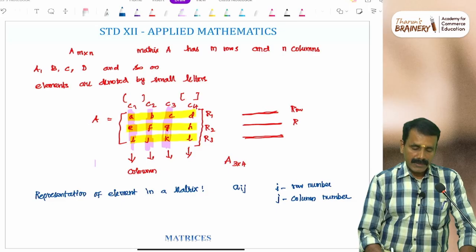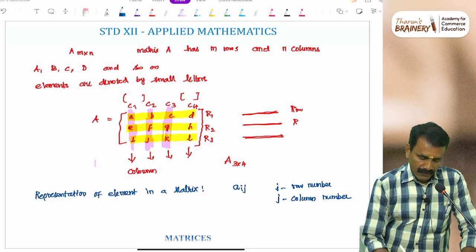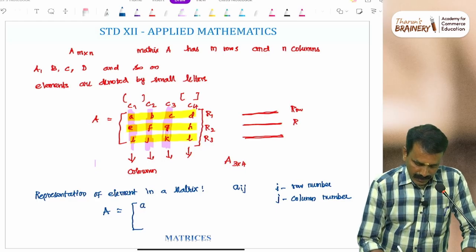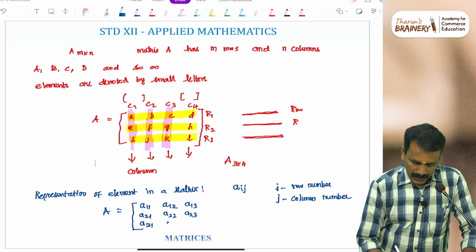So, if you want to write the elements in the general format, if you have a 3 by 3 matrix, the elements will be written as a11, a12, a13, a21, a22, a23, a31, a32, a33.